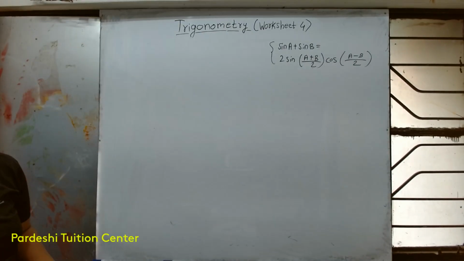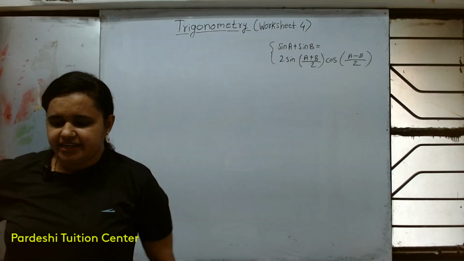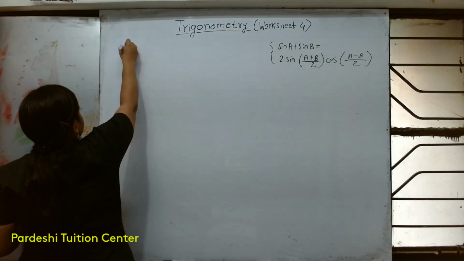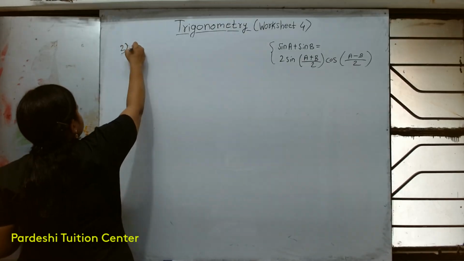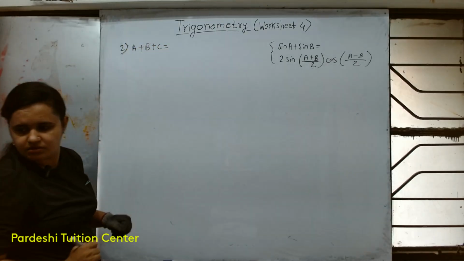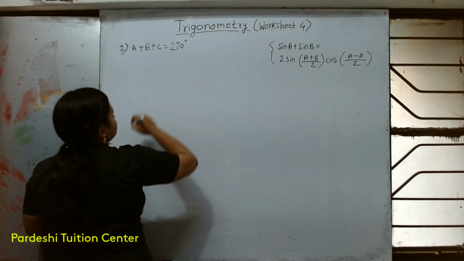Now the second question is: if a plus b plus c equals 270 degrees, then tan of (a plus b) equals to?